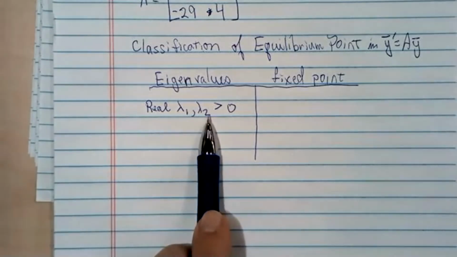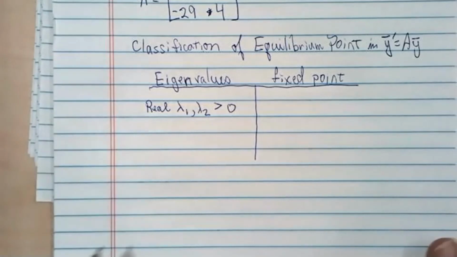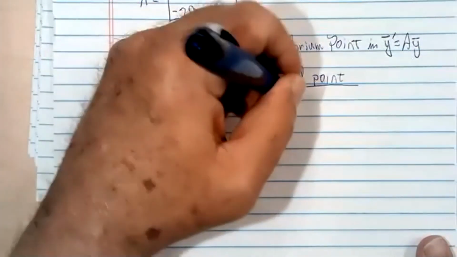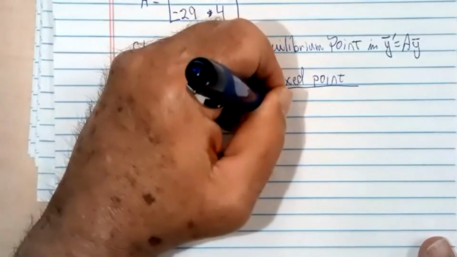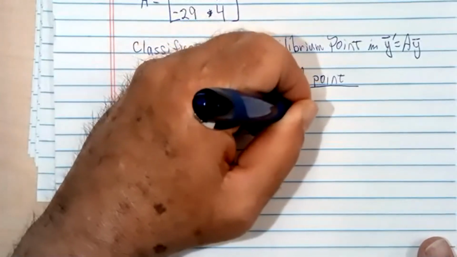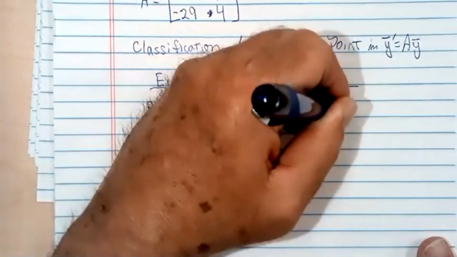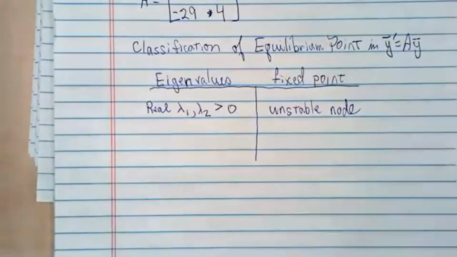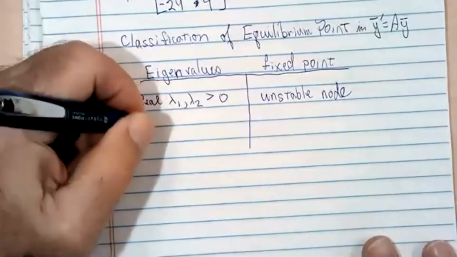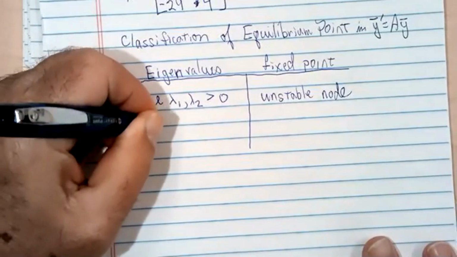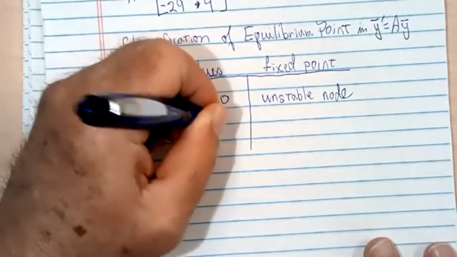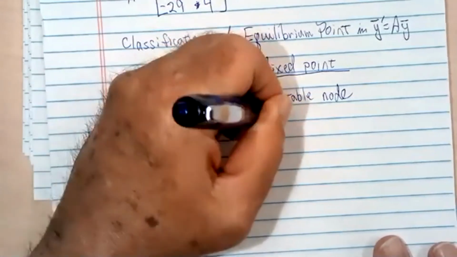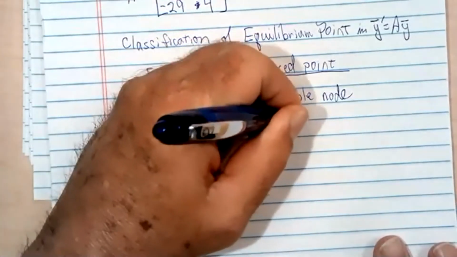So if you have two real positive eigenvalues, then your equilibrium point or your fixed point will be an example of an unstable node. If you have two real eigenvalues and they're both negative, then you have a stable node.